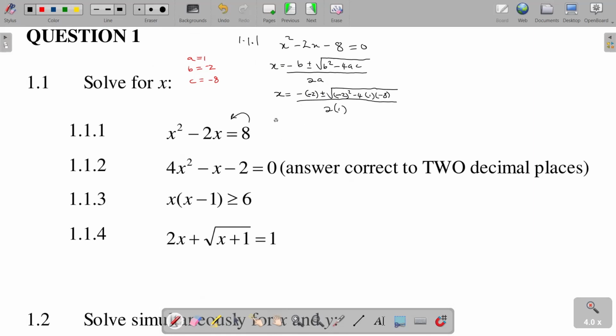Then from there, trust your calculator. So what are we going to get? Take the calculator.